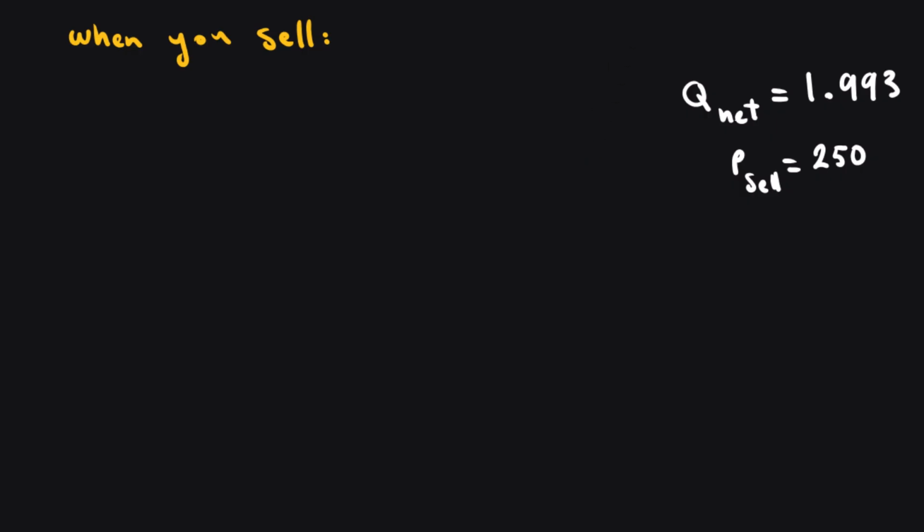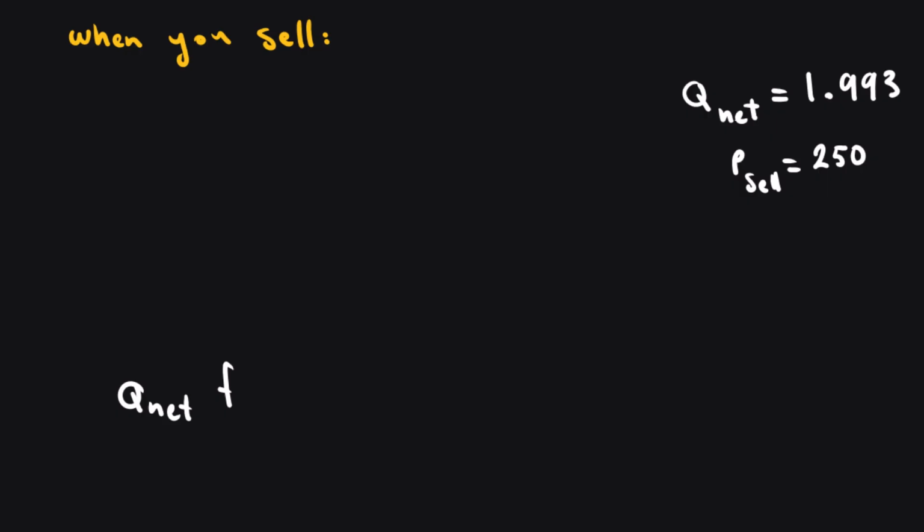But again, when you want to sell, they take a fee for selling as well. The fee that they get is the amount of asset that you have, which in this case is Q net times F, the fee rate.